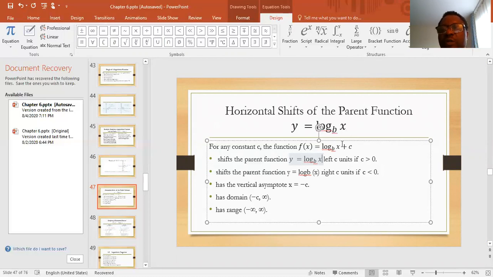Remember, we have plus c here. Let's put this in brackets so that you observe that it is actually all under the logarithm.